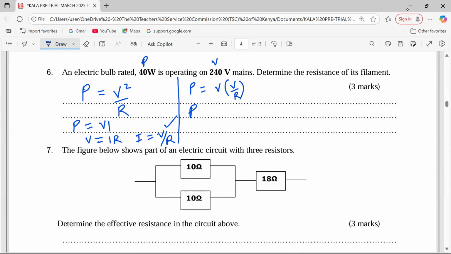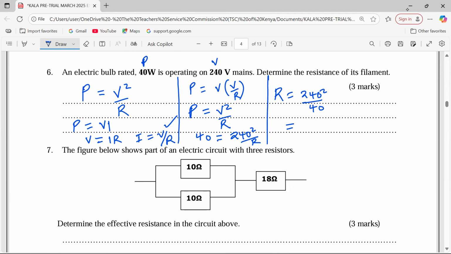So this is where V now becomes squared, and R is the denominator. From what we have, 40 is equal to 240 squared out of a known R. So to get R, we take 240 squared divided by 40.